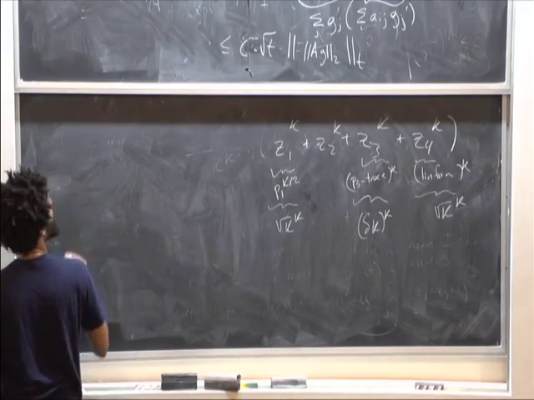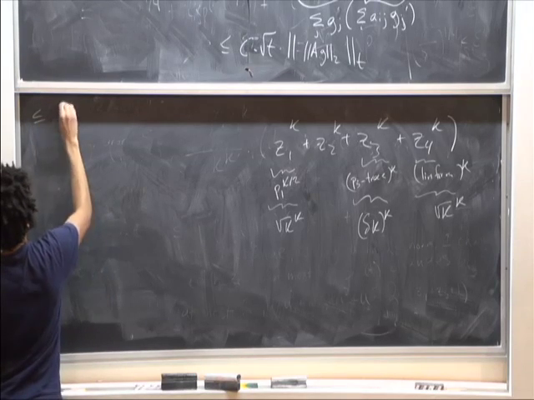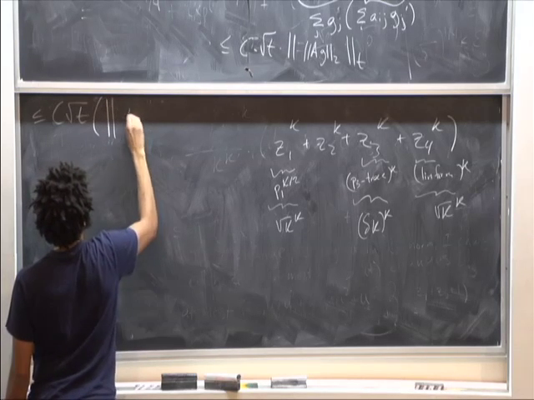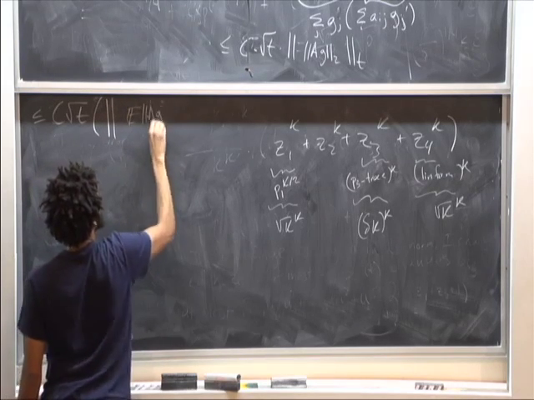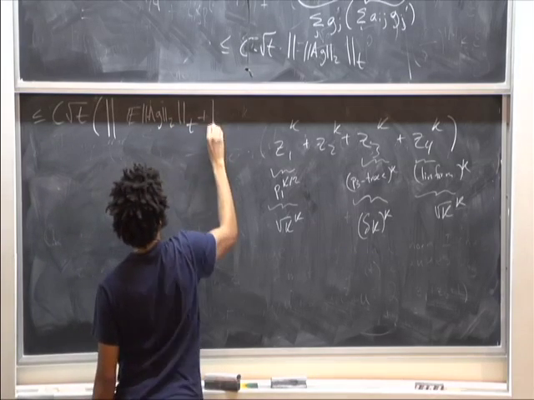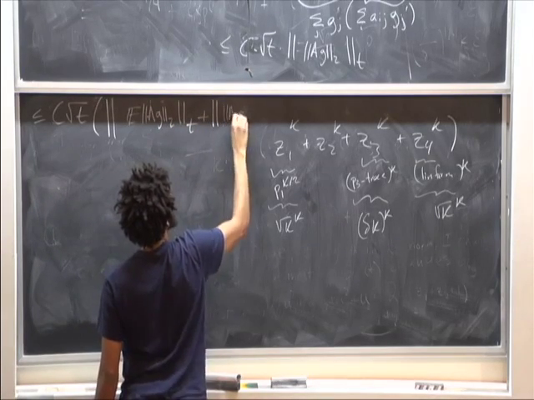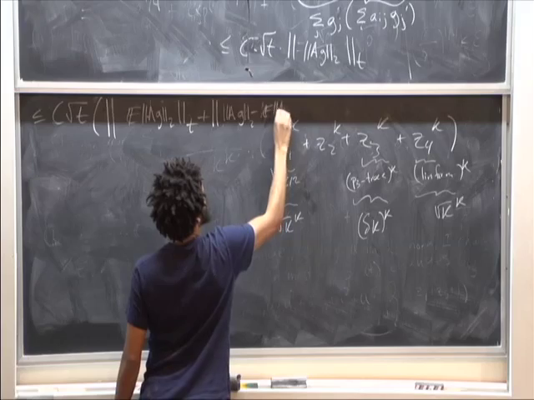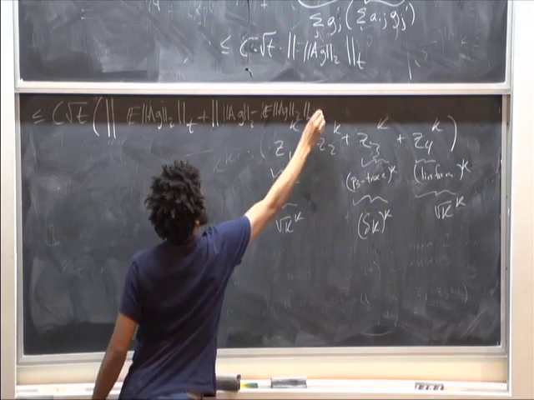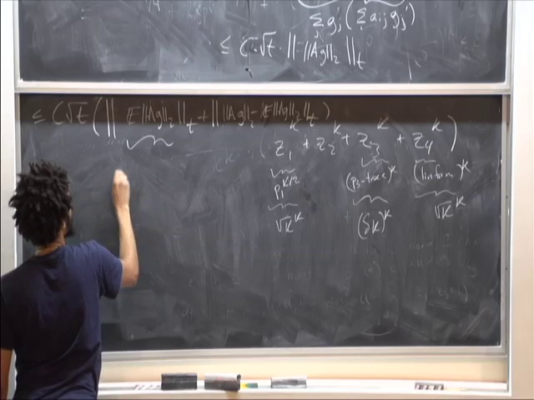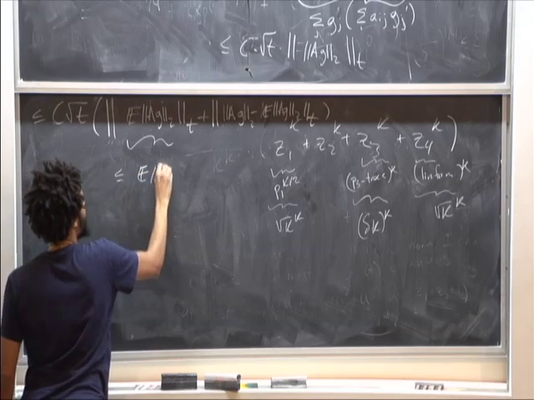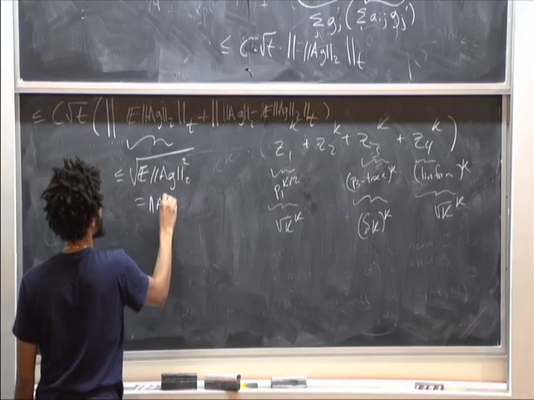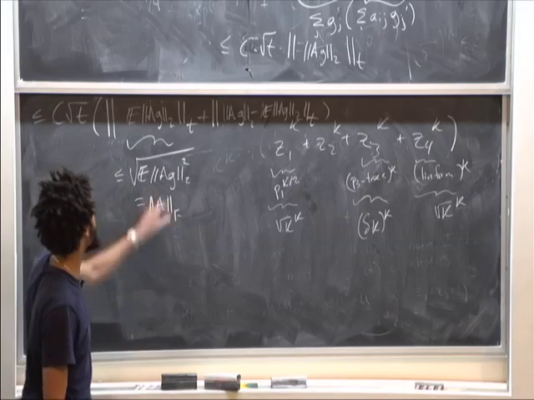And then I have that that's at most c root t, and then by triangle inequality, the expectation of ag plus ag minus its expectation. This thing here is at most the square root of the expectation of ag squared, which is equal to the Frobenius norm. So you have the Frobenius norm times root t.